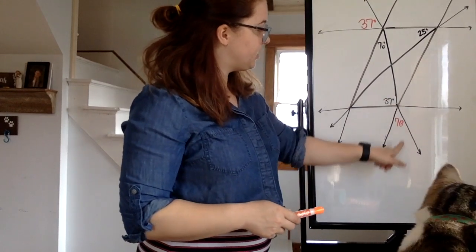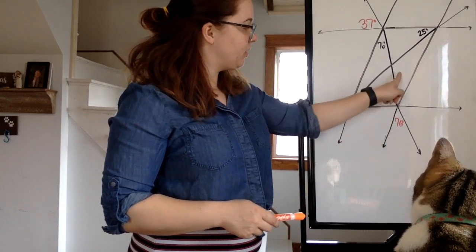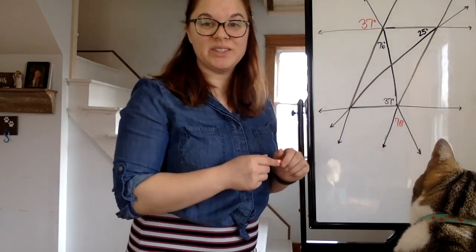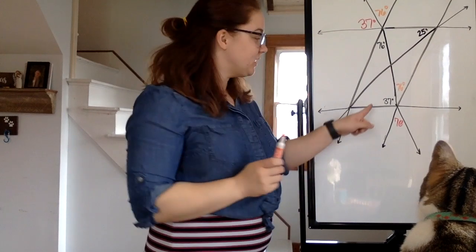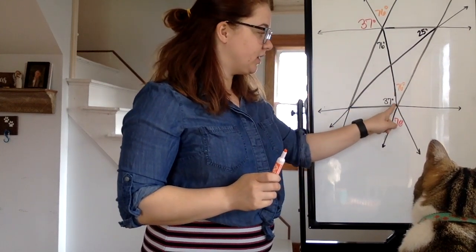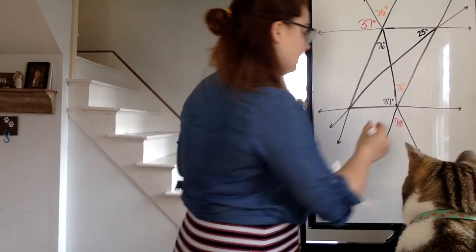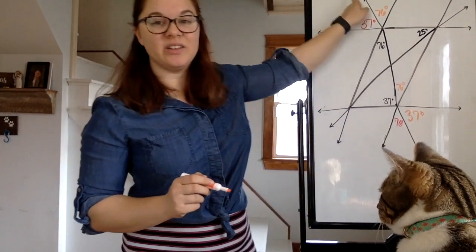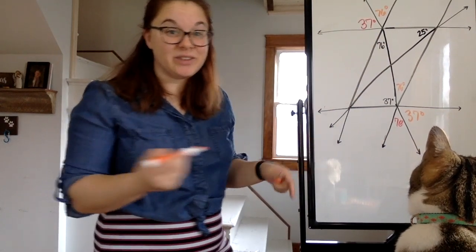This shares the lines that make it up with this angle, so they're both 76 degrees. I can then use vertical angles on those 37-degree angles, and this angle shares its lines that make it up with that angle, so that's 37 degrees. And this angle is a vertical angle with this, so that's also 37 degrees.